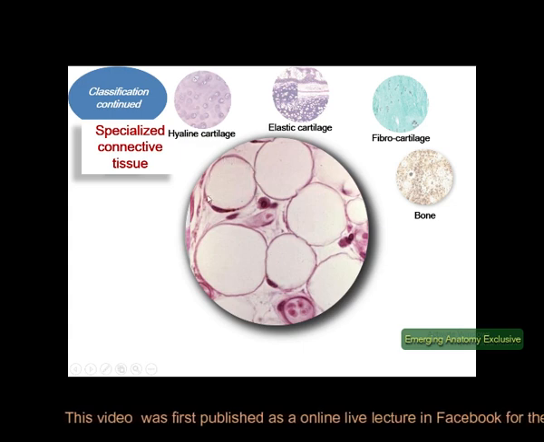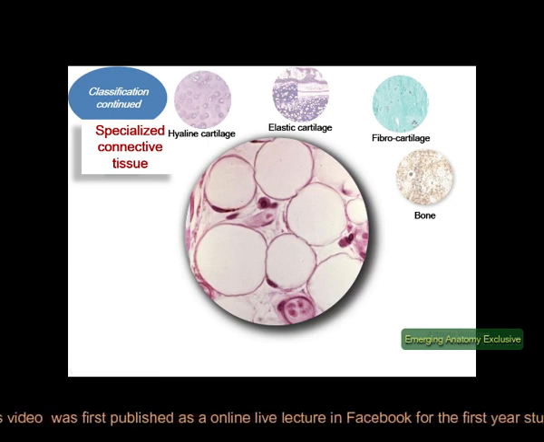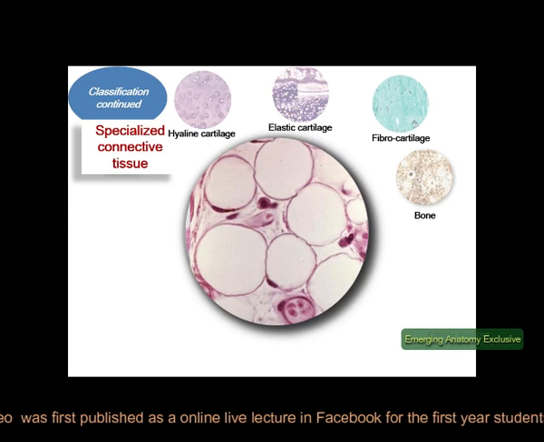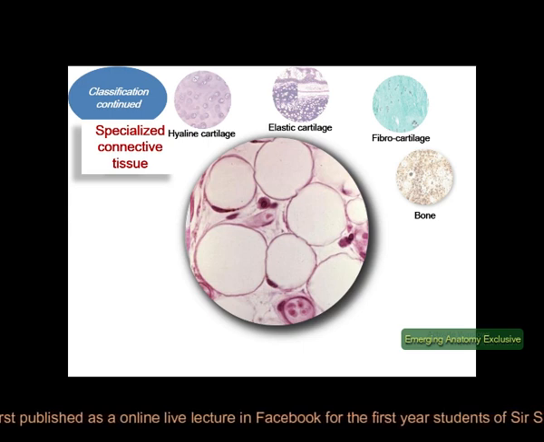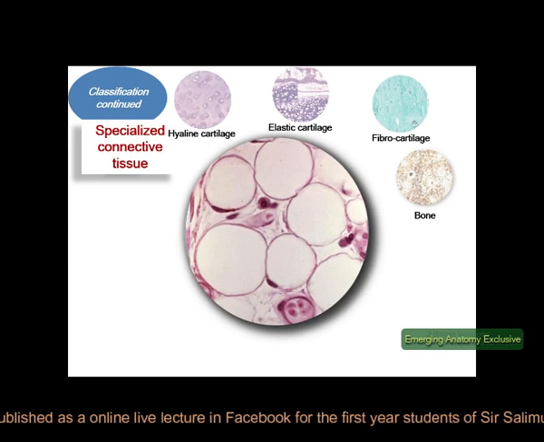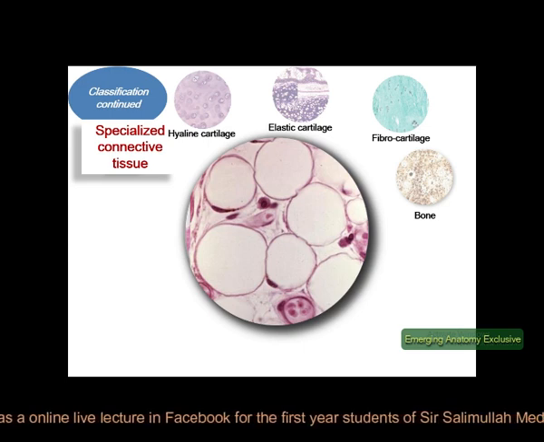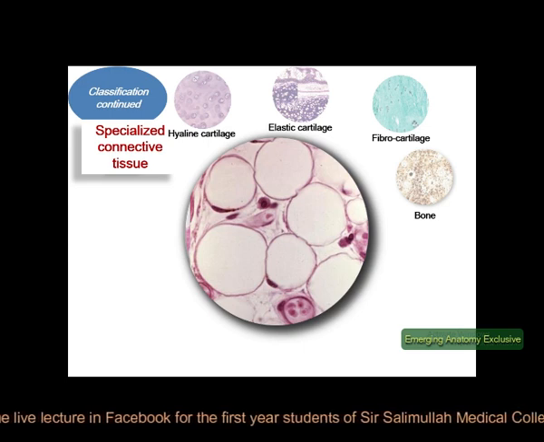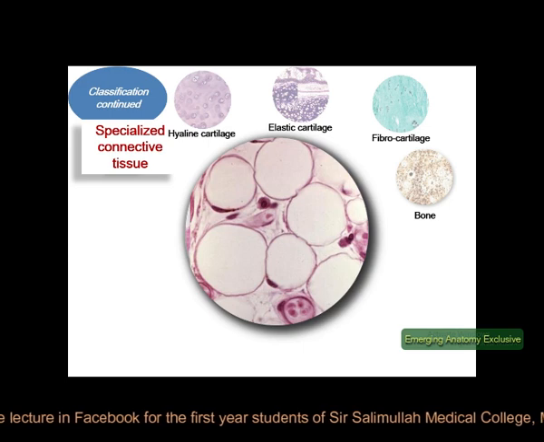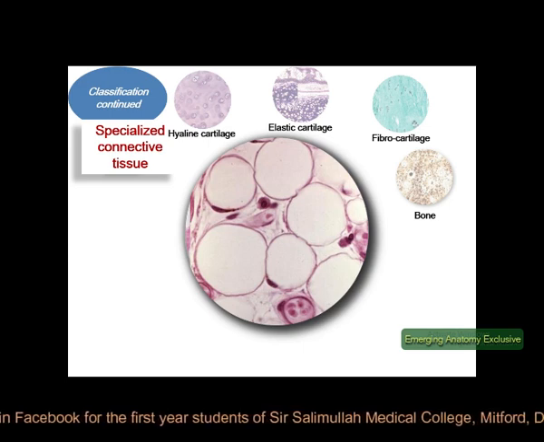There is another type of adipose cell known as brown adipose tissue, where numerous multilocular lipid droplets are present. We will learn about the difference between white adipose cell and brown adipose cell in the chapter on adipose tissue. White adipose tissue is more abundant than brown adipose tissue, and when adipose cells predominate, the connective tissue is called adipose tissue.